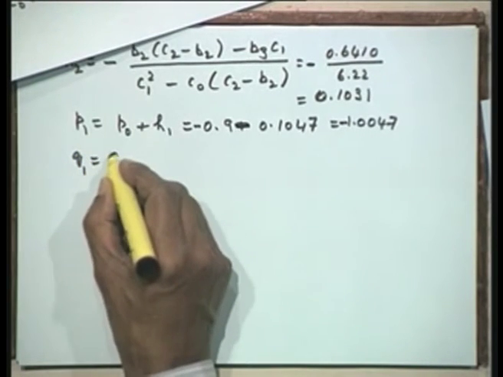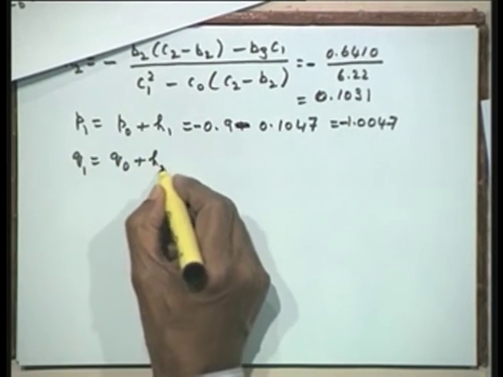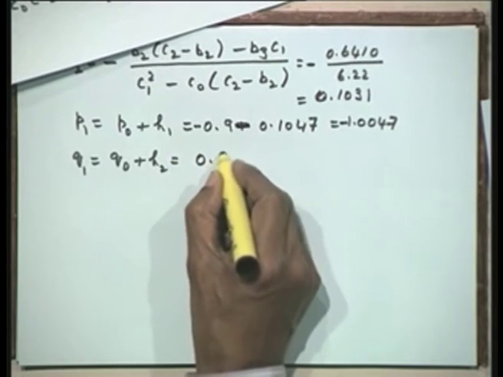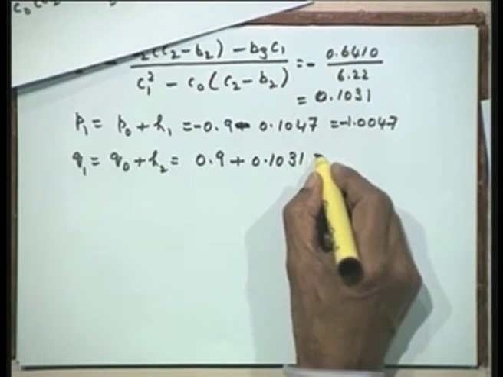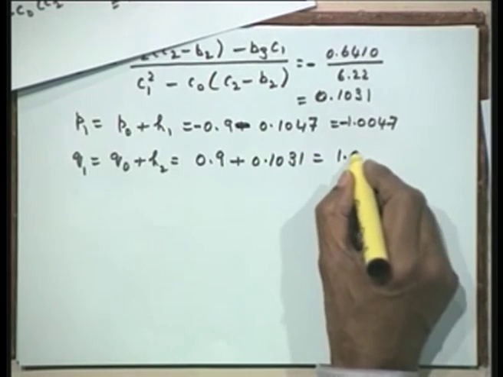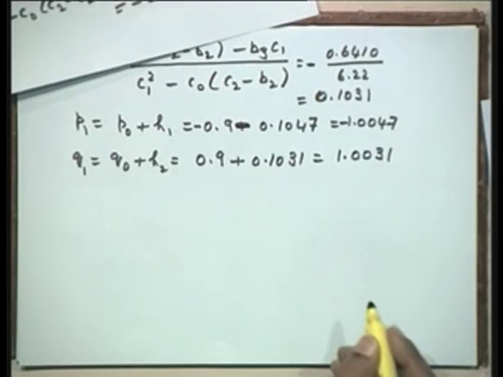Then q1 is q0 plus h2, and q0 was 0.9, this is plus 0.1031, this gives me 1.0031.